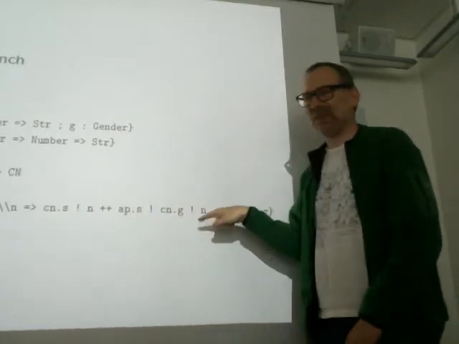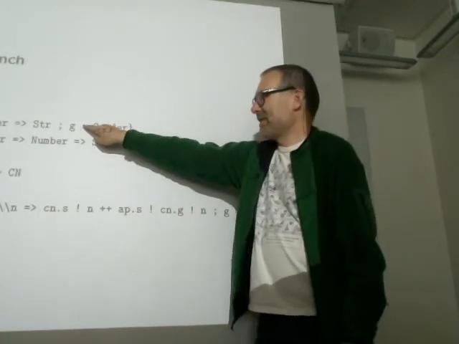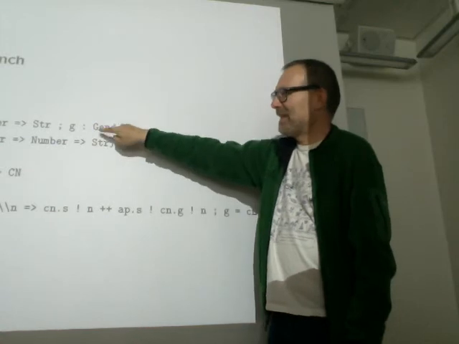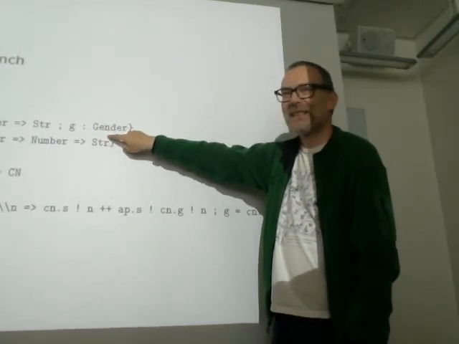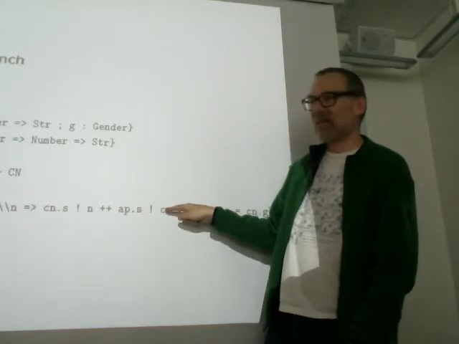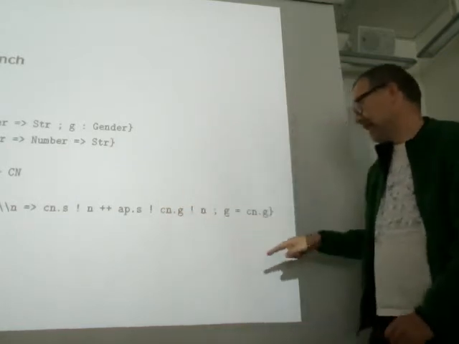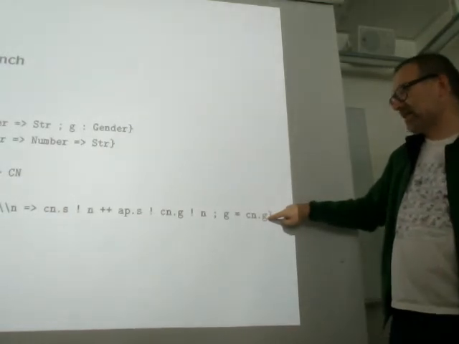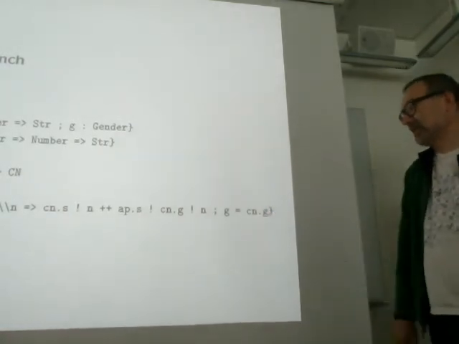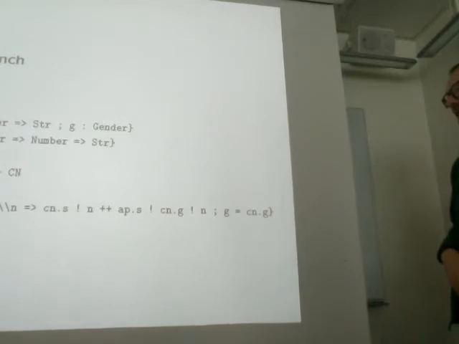So this is how the agreement works, that something which is an inherent feature in one category becomes the value of a parameter in another category. And then you also need to give a gender, so that you just inherit from the head noun, so to say.